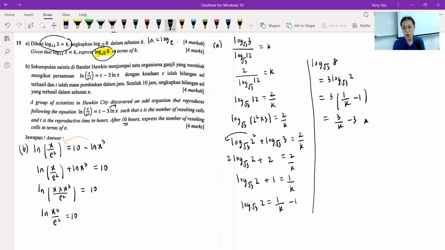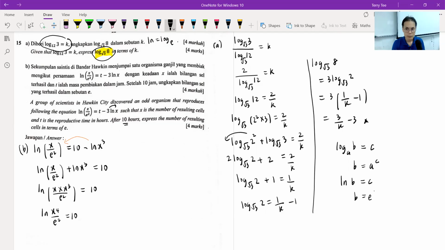And you know how to change from logarithm form to index form, right? That is, log base a of b equals, let's say, c. So b is a power c. Likewise, log base e, which is ln b, equals c, then b is e to the power c, since your base is now e.